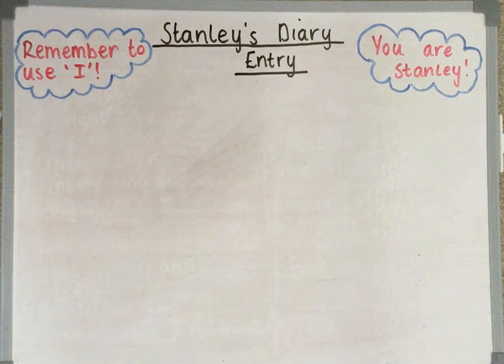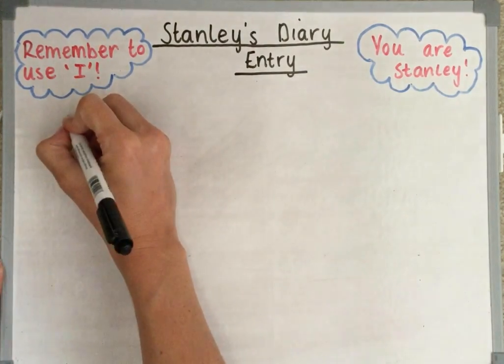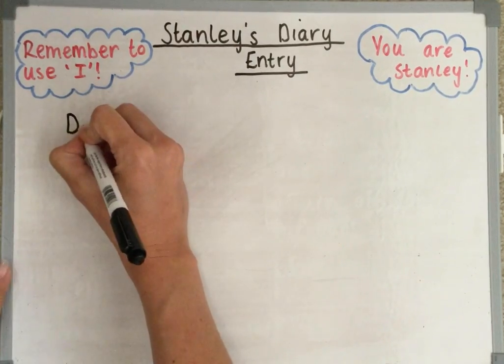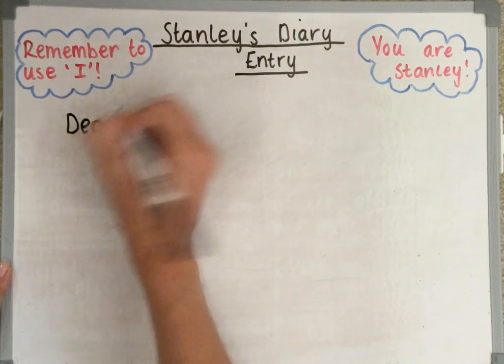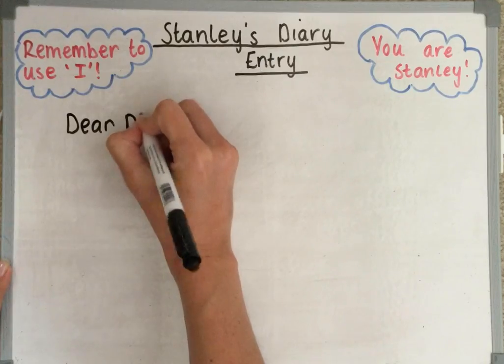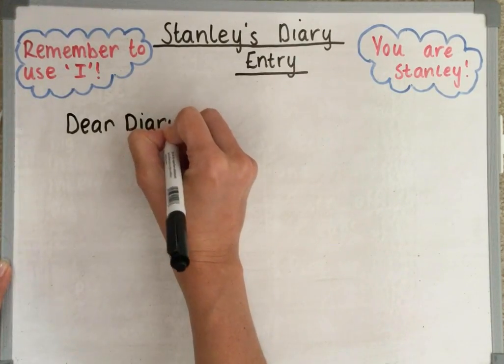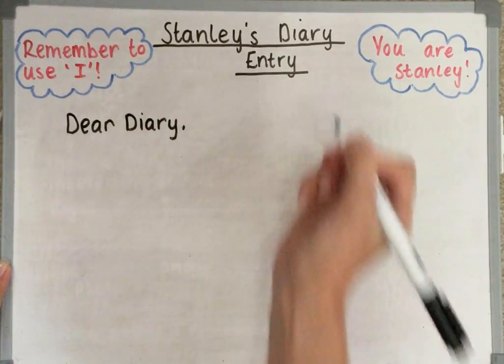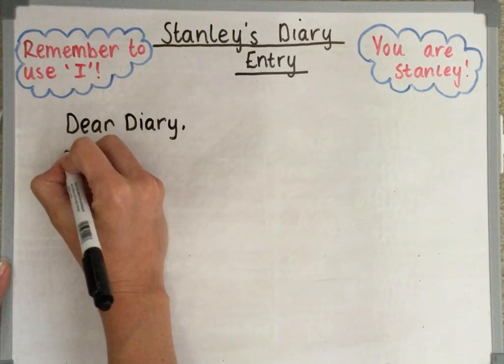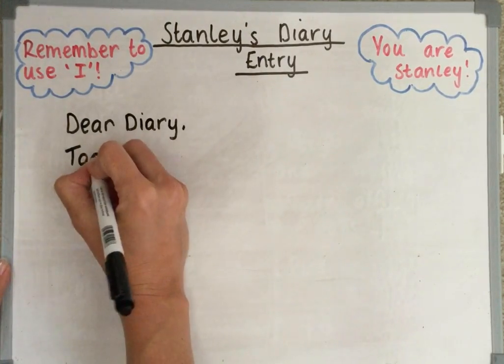So we always start our diary entry with Dear Diary, because we are writing to our book, okay? Dear Diary. Today, so I'm letting them know what day it is.